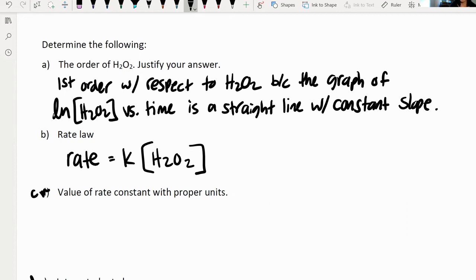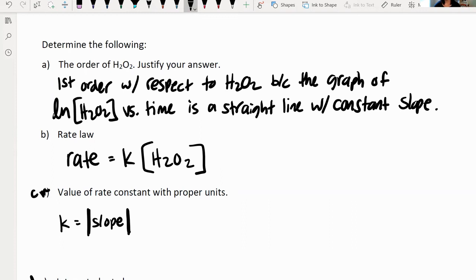Now, part C. What is the value of the rate constant? Specify the units. The rate constant is k, baby k. So baby k equals the slope. We're going to take the absolute value of the slope. Slope is rise over run. So I want the slope of that straight line.